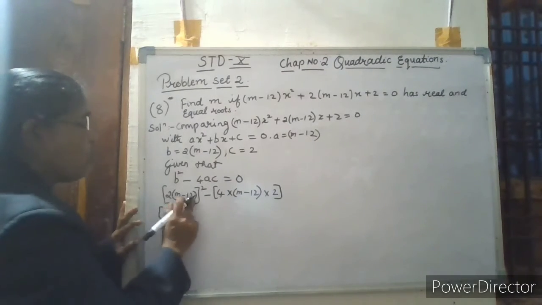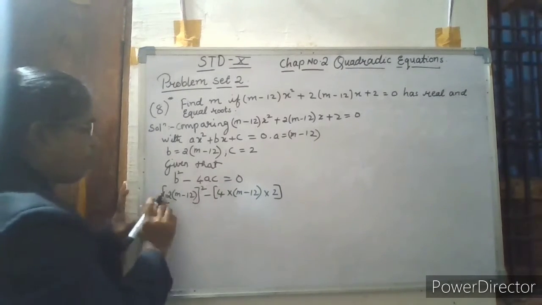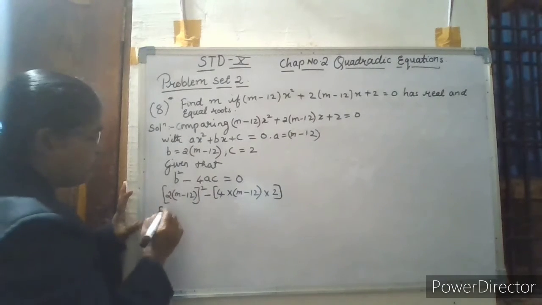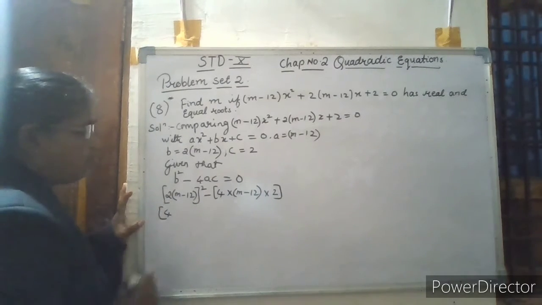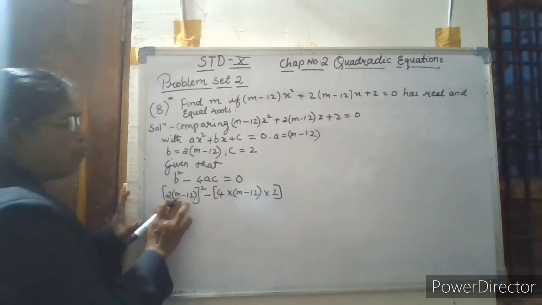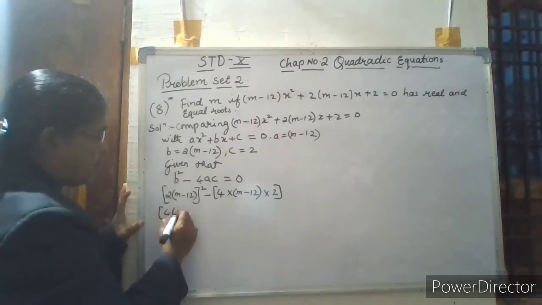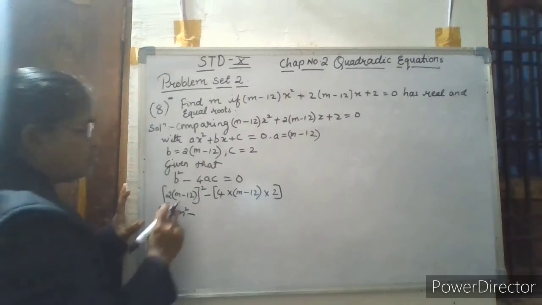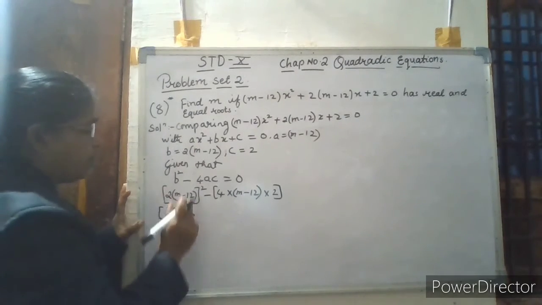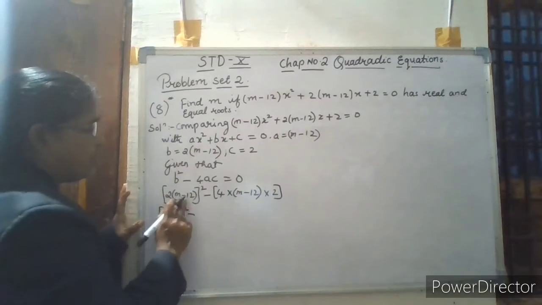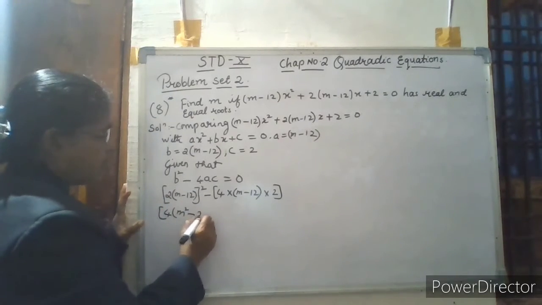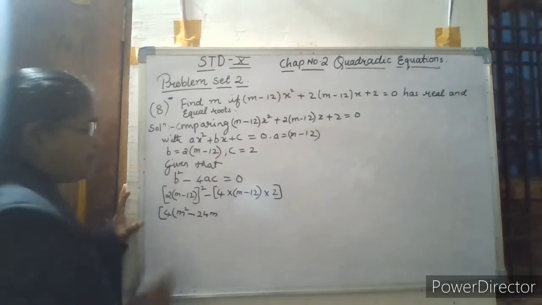This is whole raised to square, so this coefficient 2 also must be squared. 2 2s are 4. This is in the form of (a minus b) squared, so expand this: a squared minus 2 into a into b. 12 2s are 24, m we will get.